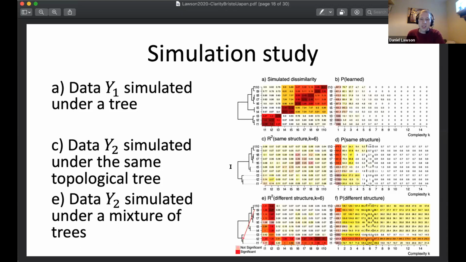If we now do the same procedure on the data set where I've changed the relationships, the residuals are significant for low complexity, and that's because how important the various directions in this space are, the various clusters, has changed.